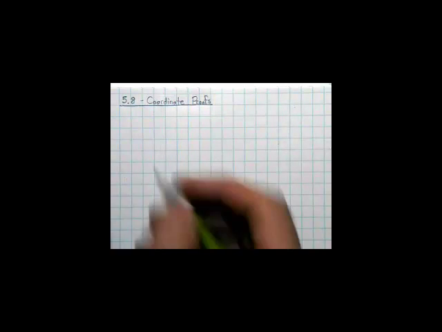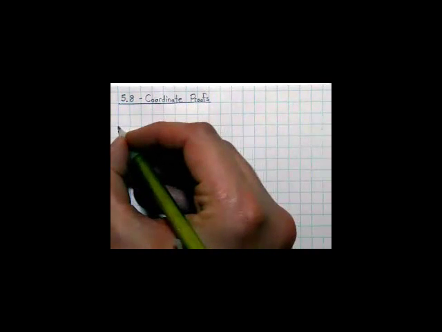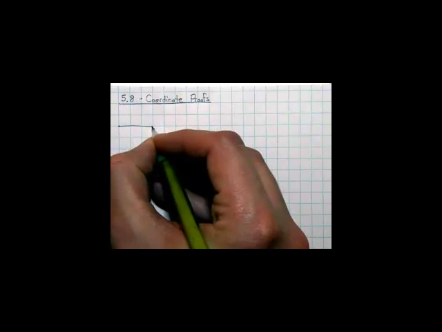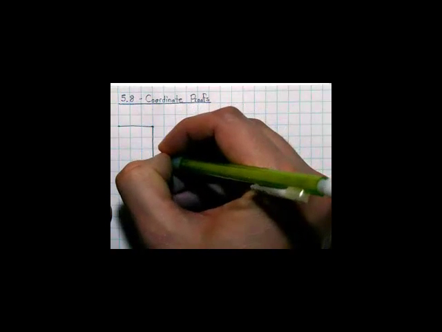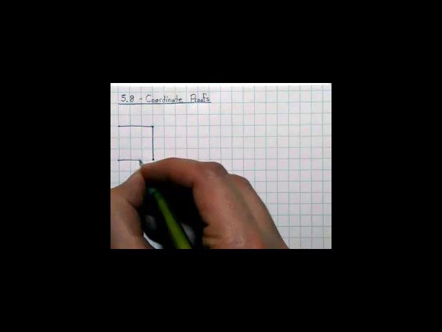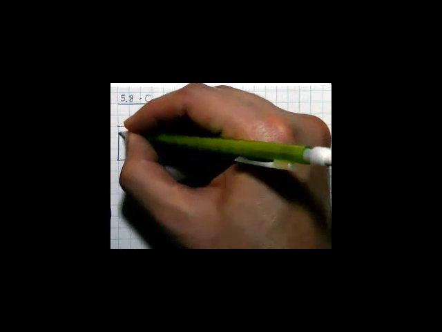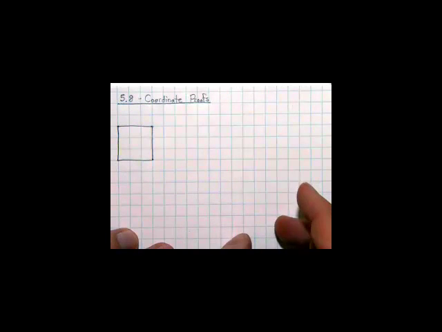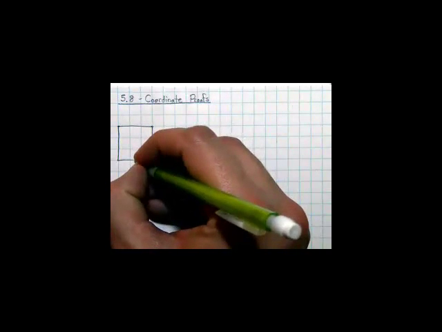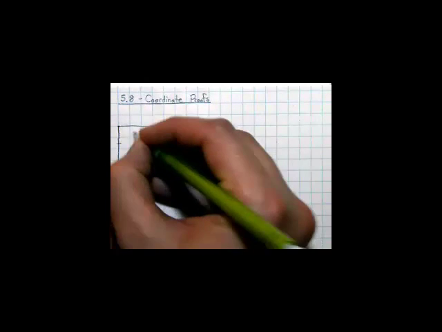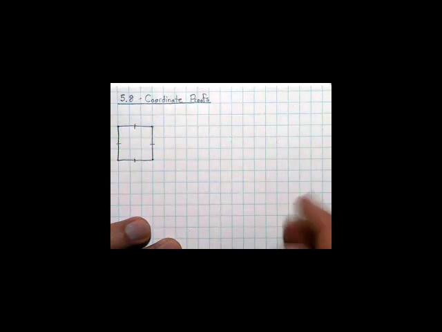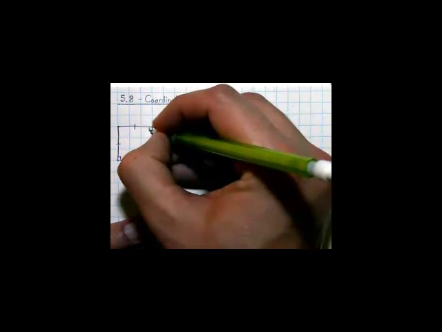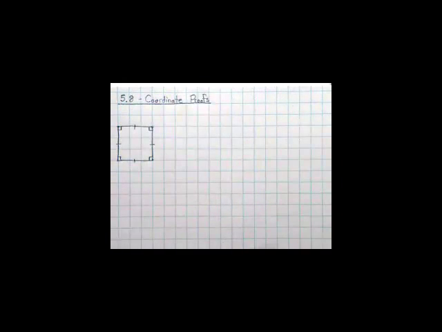We're ready to go. So this might seem kind of silly and obvious, but within some of the properties of a square that we're going to need to know: 4 sides congruent, and all 4 angles are right angles.